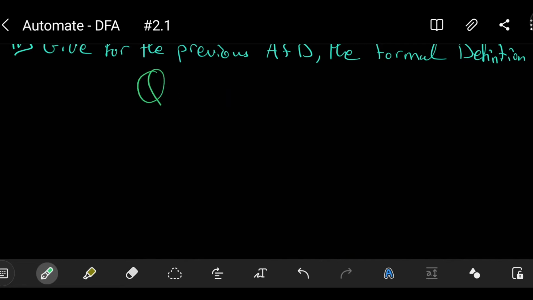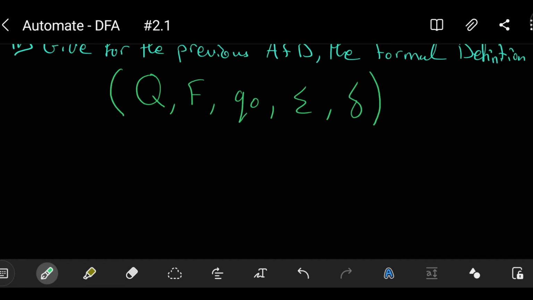If you have seen the lecture in the previous videos and the examples, you understand that Q is all the states of the automaton, the big F is the final state of the automaton, Q0 is the initial state, delta is the transitions table, and the sigma is equal to the inputs.